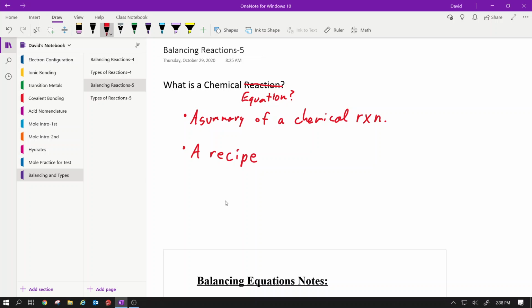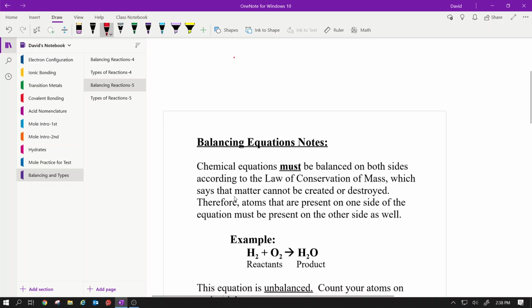All right. Now, there is an idea called the law of conservation of mass. What I'll tell you is that chemical equations must be balanced on both sides according to the law of conservation of mass.